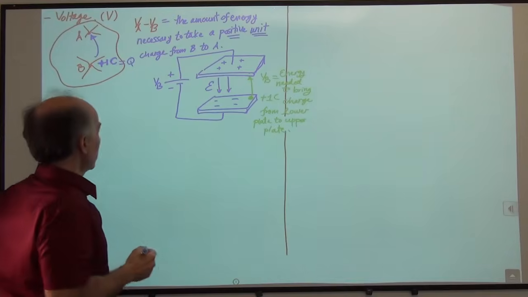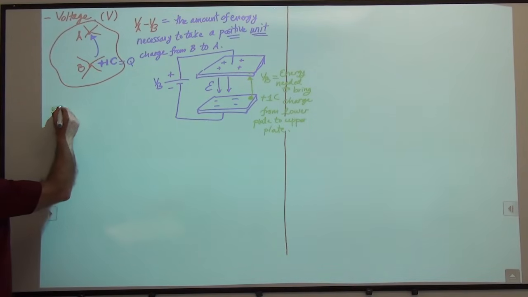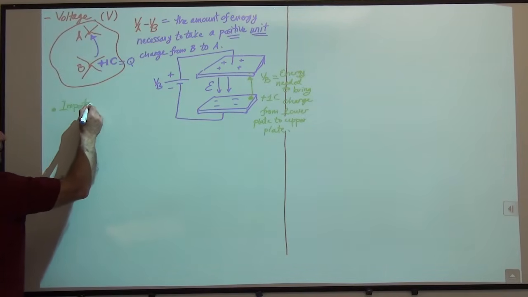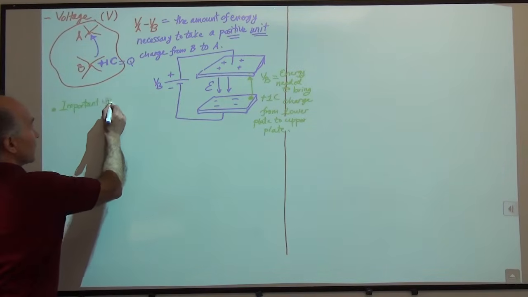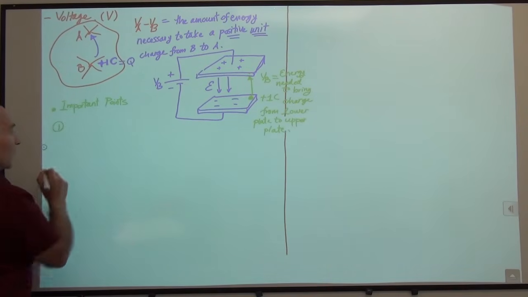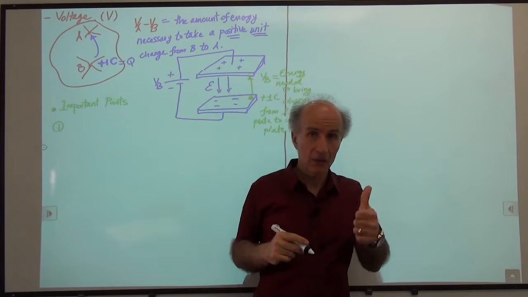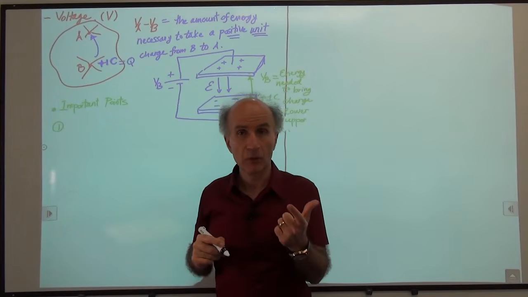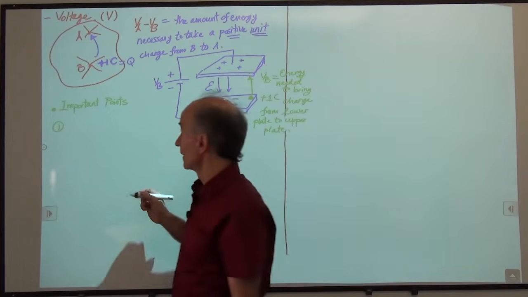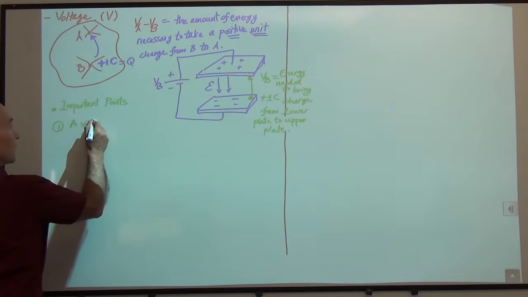Now that we have learned the concept of voltage, we're going to go over some important points. Number 1. Just like the current, which had a value and a direction, the voltage always has a value and a sign.